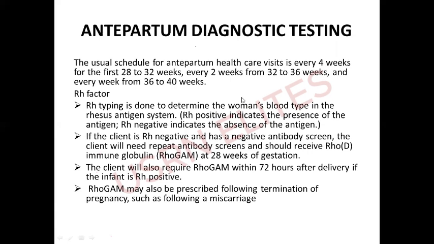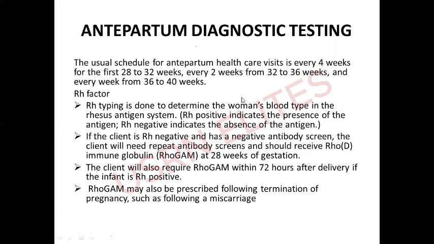So in that instance, the mother and the baby had different Rh factors. So I'm saying that when the test is done at 28 weeks, if the woman is negative, they would have to give the woman a ROGAM.